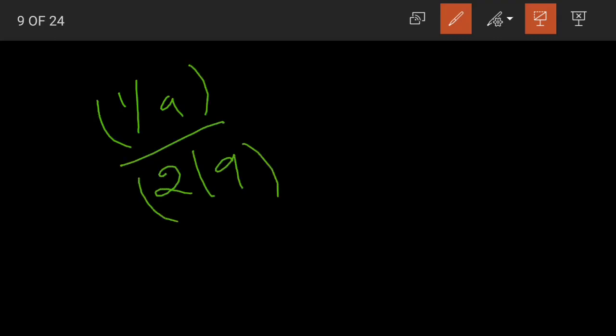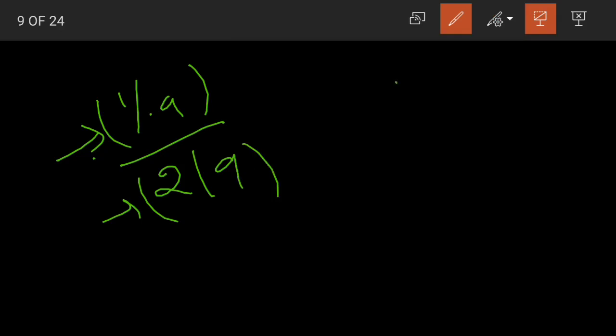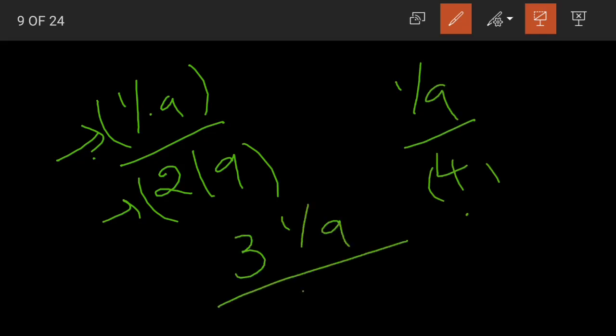Another way is both the numerator and denominator have fractions. Both the numerator is a fraction and the denominator is also a fraction. Or only the numerator is a fraction and the denominator is a whole number.